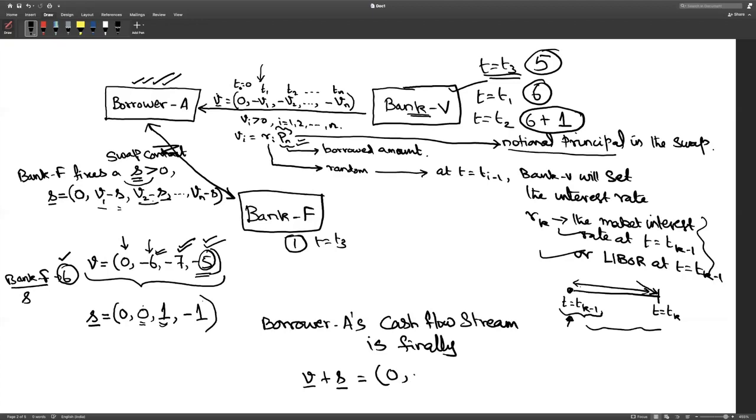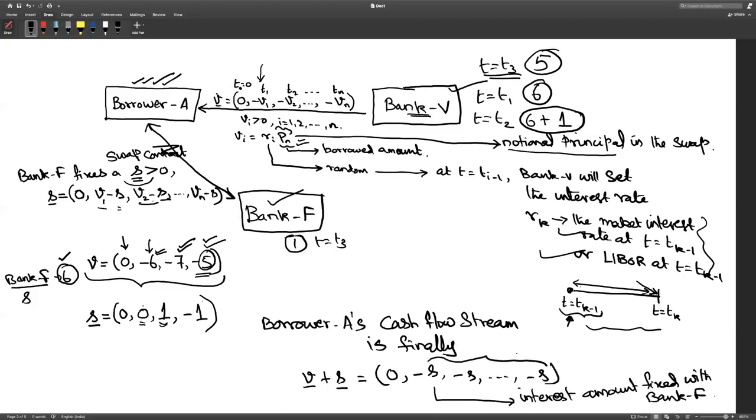Then onwards, it is minus S, the amount S that he fixed with bank F. This is the interest amount fixed with bank F, right? Therefore, it goes like this up to minus S, n times.